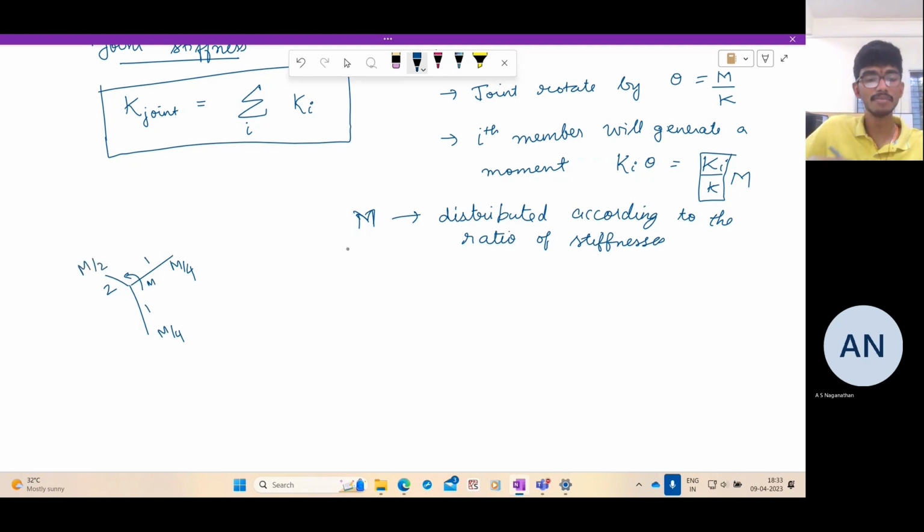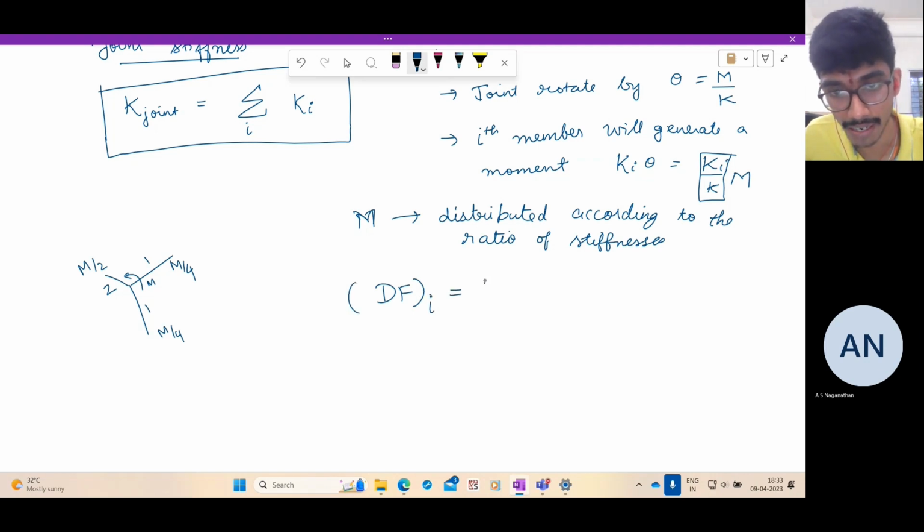So the moment is distributed to all the members connecting at the joint in the ratio of their stiffnesses. We define this as the distribution factor dF. So dFi is nothing but Ki by sigma Ki.